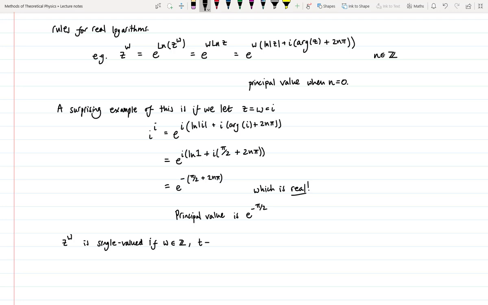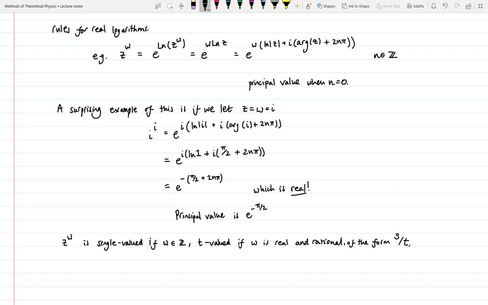It is t valued if w is real and rational, specifically of the form s over t, where the fraction has been written in its lowest form. In other words, the number of values of z to the w is determined solely by the denominator of the rational number w in its lowest form.